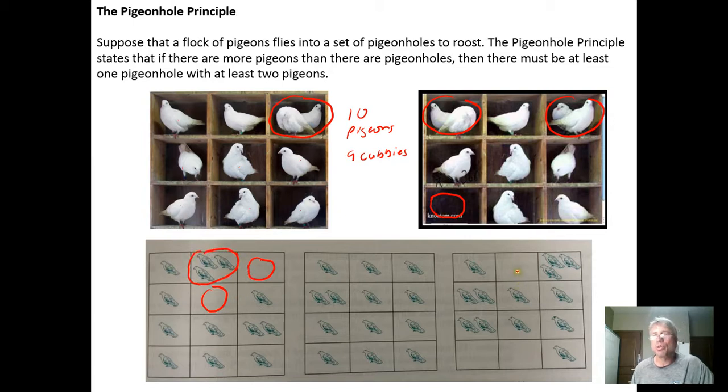So the pigeonhole principle doesn't tell you how the pigeons or objects are distributed into the boxes. It just tells you if you have more items than there are places into which you're going to distribute those items, then there has to be at least one spot that contains more than one item in it.